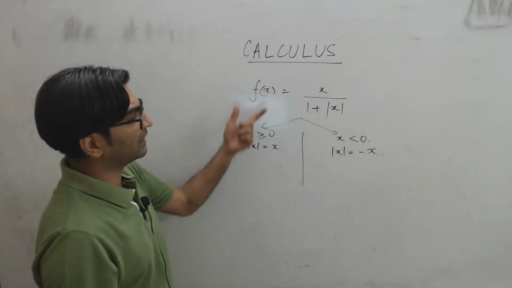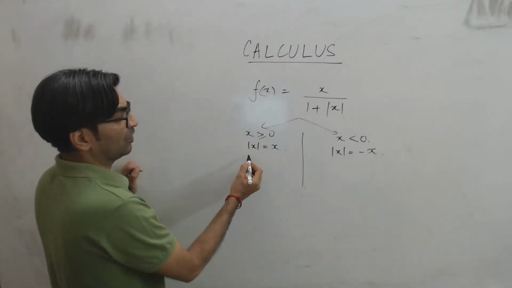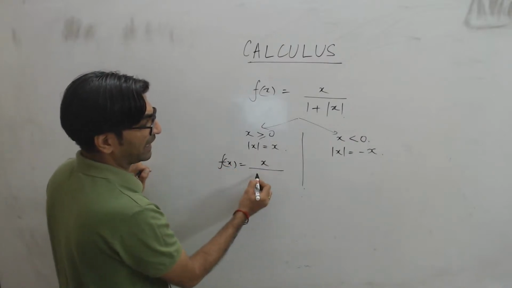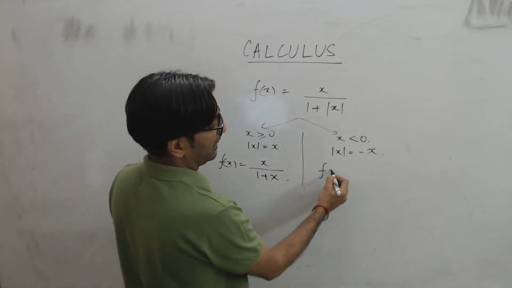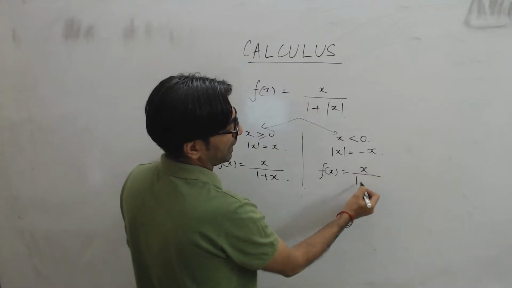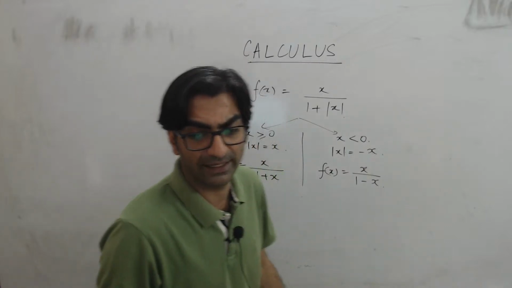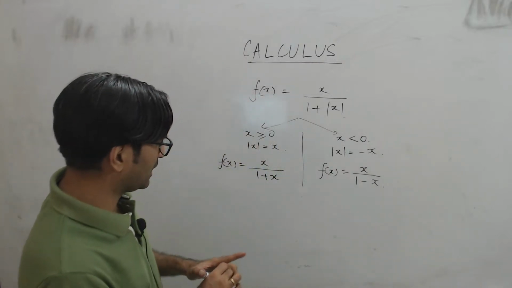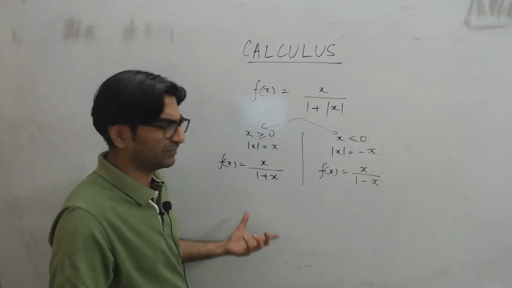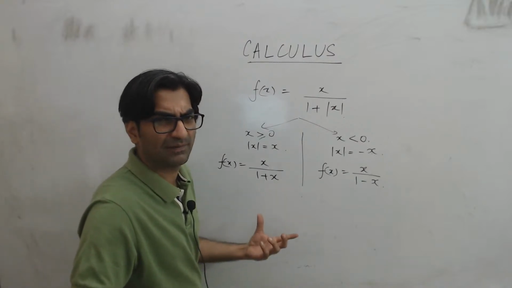So this function will be broken up into two expressions. When x is positive, since mod x is equal to x, the expression will be x upon 1 plus x. But when x is negative, since the value of mod x is negative of x, it will be x upon 1 minus x, right? So those are the two expressions I get. Given that these look like polynomial-type expressions, where are they not defined?